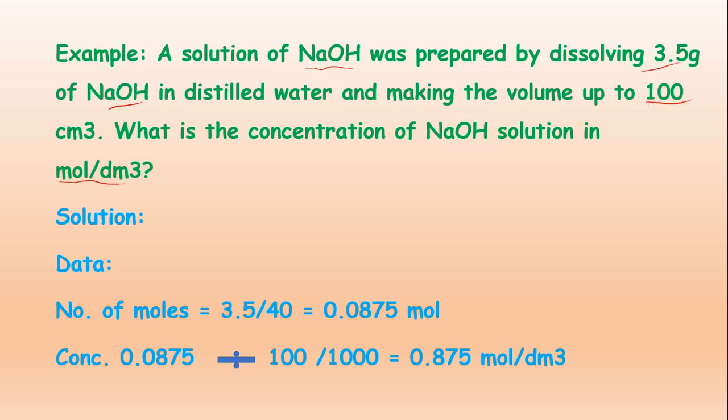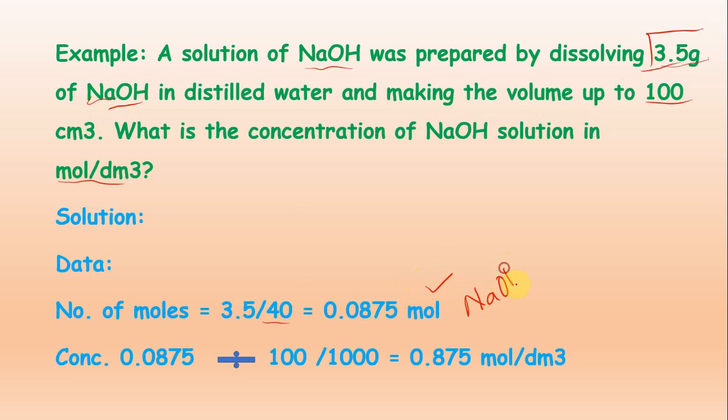Concentration in mole per dm cube is being asked. Now look at the data. Number of moles: mass is 3.5 divided by the sodium hydroxide molecular mass, that is 40. So the moles we have calculated are 0.0875 moles of NaOH, right?